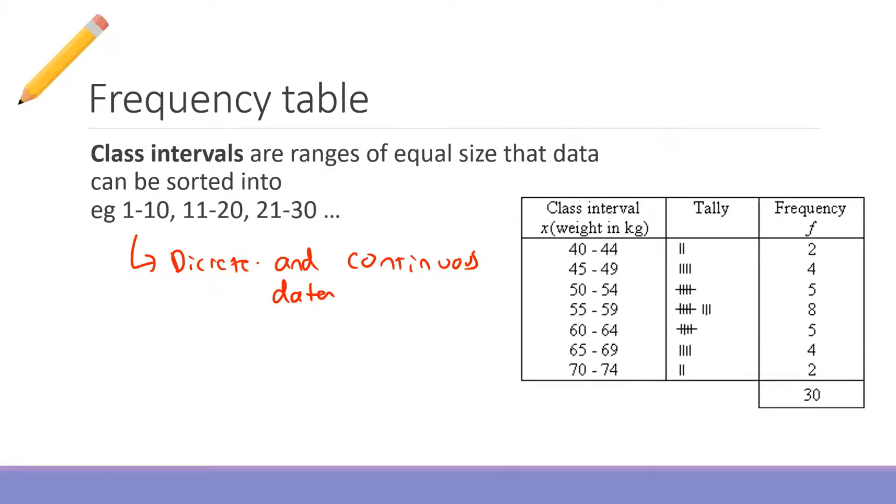In this picture, they've recorded a tally, and then converted that tally to a frequency. That's pretty easy. You just count the number of marks. I should mention that for a lot of students this is obvious, but I don't know what your backgrounds are, so I'm going to explain it anyway.